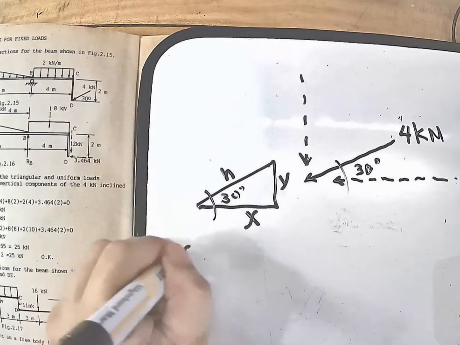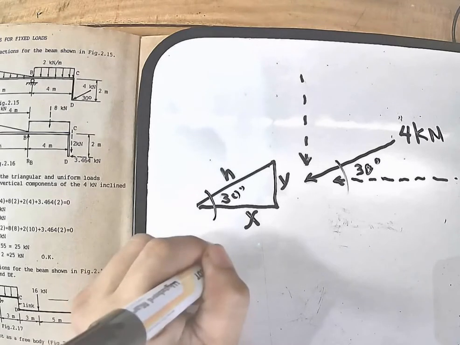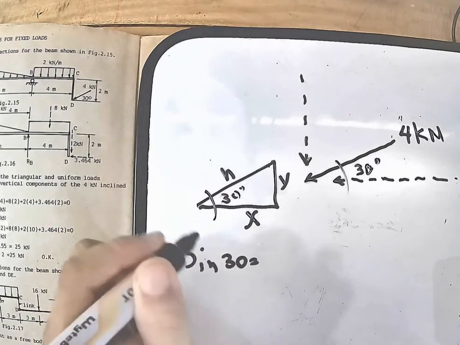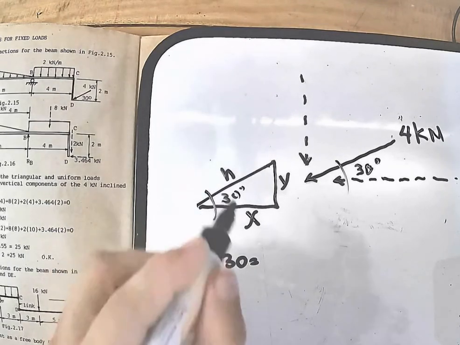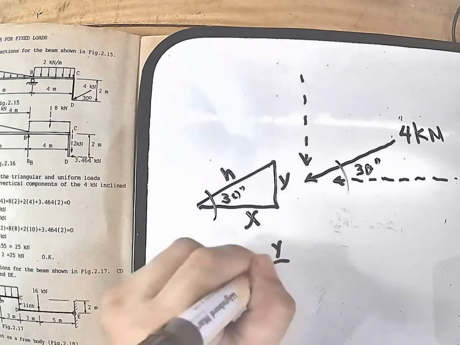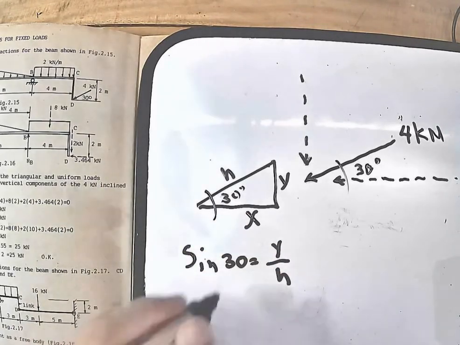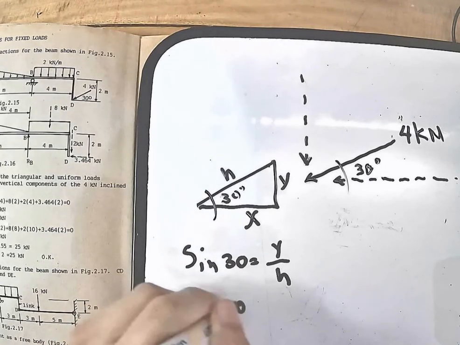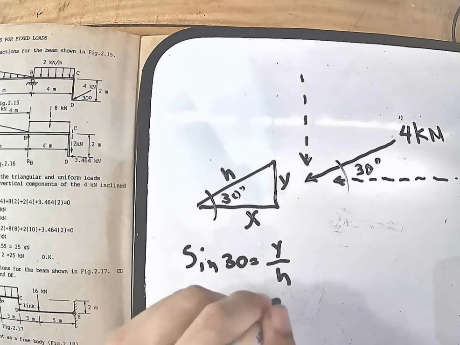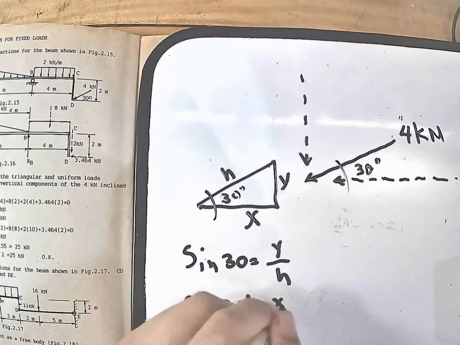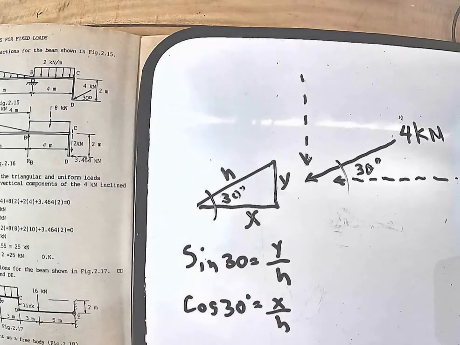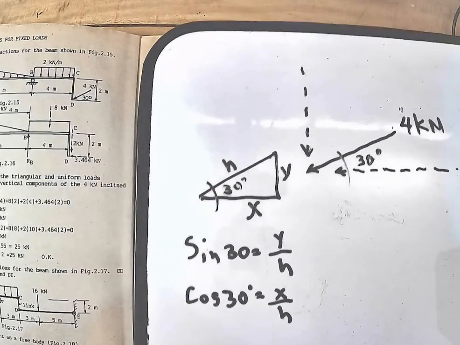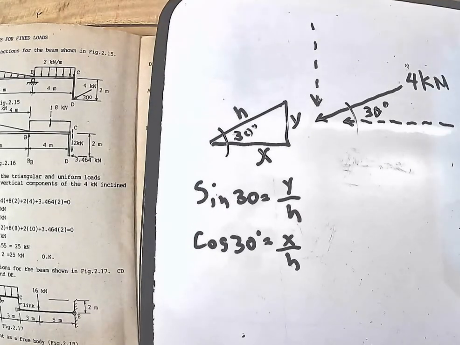So, remember na sine of 30 degrees is equal to opposite over hypotenuse. Likewise, cosine of 30 degrees is adjacent, which is x all over hypotenuse. So that is the SOHCAHTOA rule in trigonometry.